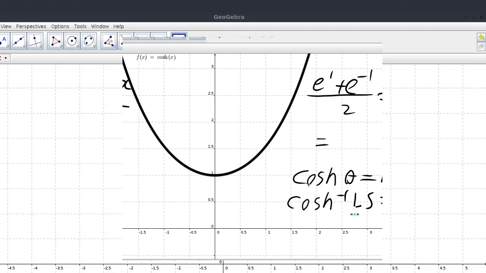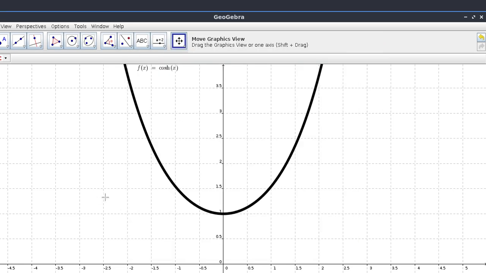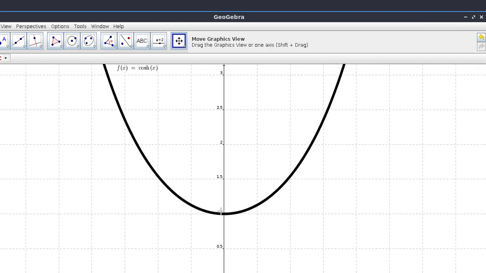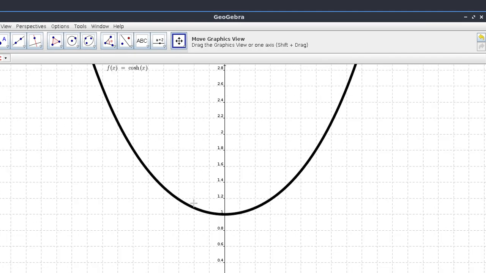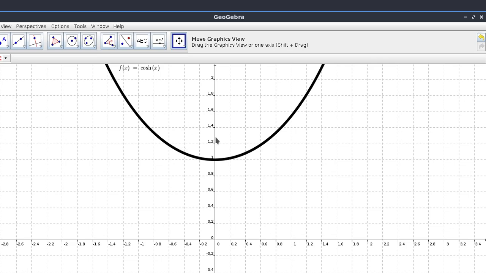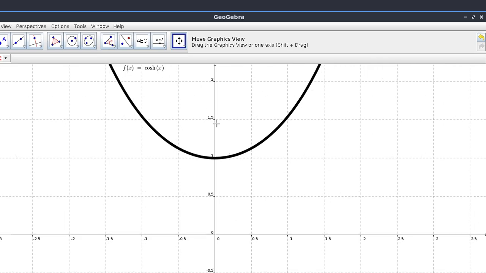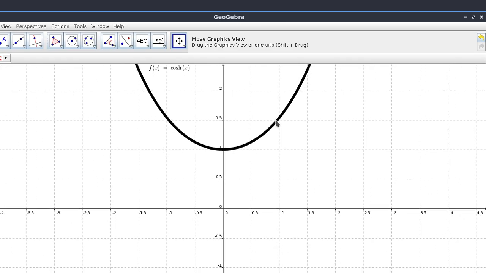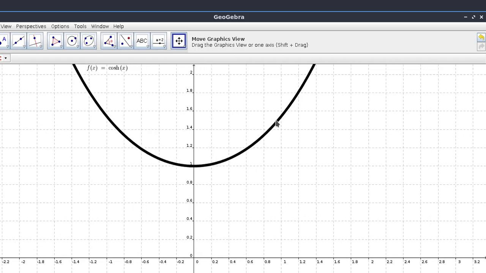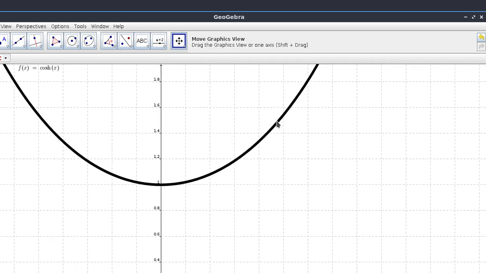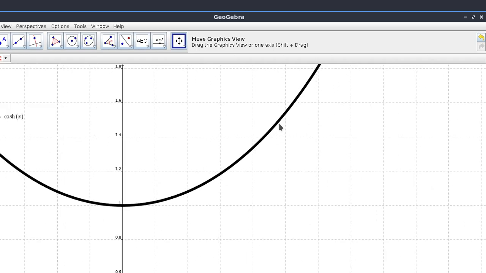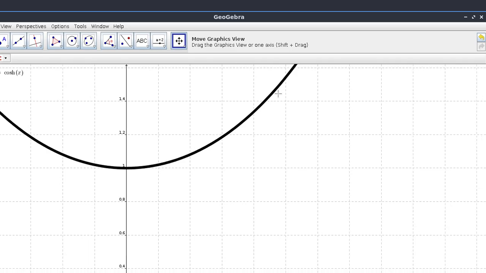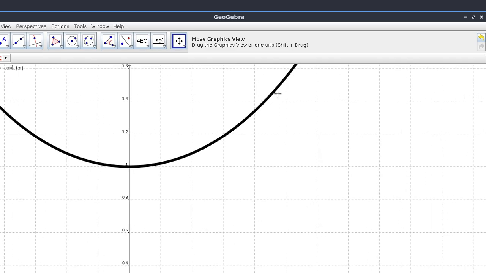And we could use GeoGebra as well. Look at GeoGebra and see that when we have the answer being 1.5, what we have here, this line is 1, you know. So at 1.5, I want to see 1.5.